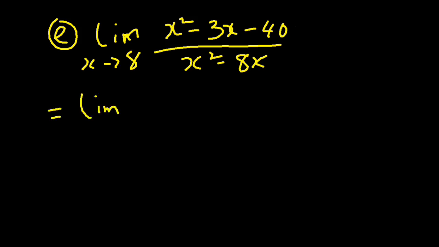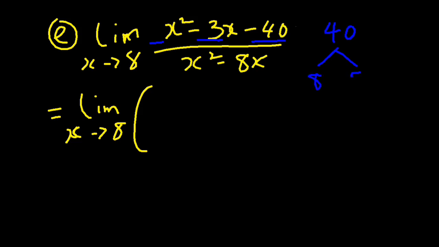Now this is equal to limits when x tends to 8 into bracket, product is 40 for the numerator, and the sum will be, the factors of 40 is 8 and 5, which can equal to 3. And to get minus 3, we have minus 8 plus 5.